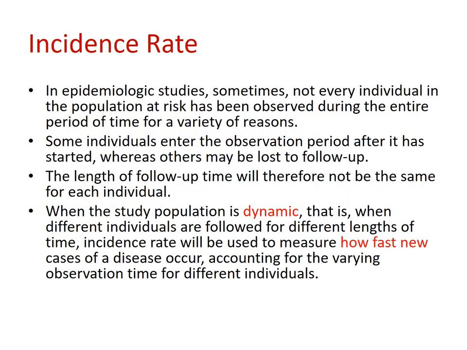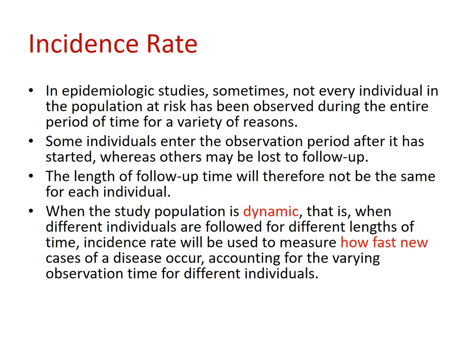We have another measure of incidence, which is incidence rate. Previously, in cumulative incidence, we said that we have a fixed sample that's observed for the entire period of the study. However, this is not always the case. In incidence rate, sometimes not every individual in the population at risk has been observed during the entire period of time, for a variety of reasons.